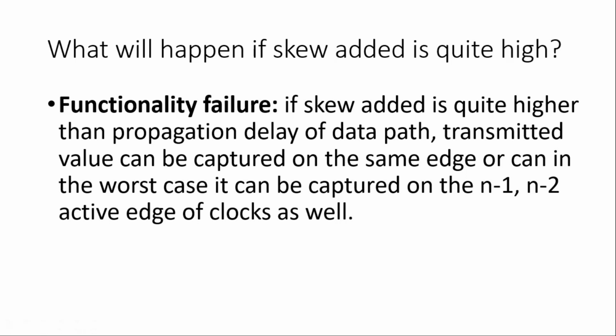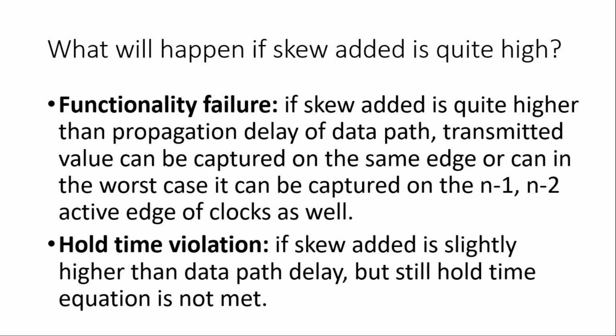Now let us discuss the last case, which is the most important part of our video. There will be a hold time violation if the skew added is slightly higher than the data path delay, but still the hold time equation is not met. In that case, we will see a hold time violation on flip-flop 2. Let me repeat one more thing.